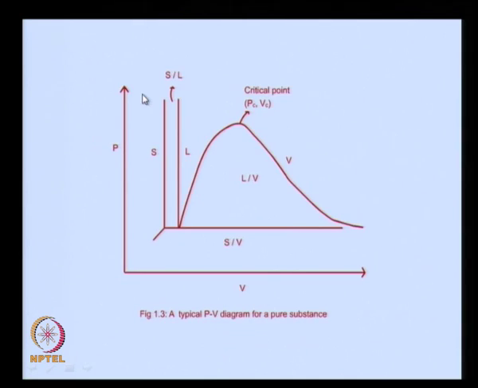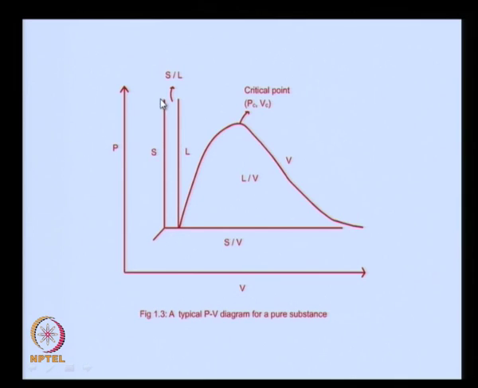The same information can also be obtained in a P versus V diagram, the pressure versus specific volume diagram. This is again for a pure substance, and we saw that the lines in the previous graph get represented as regions in this particular graph.